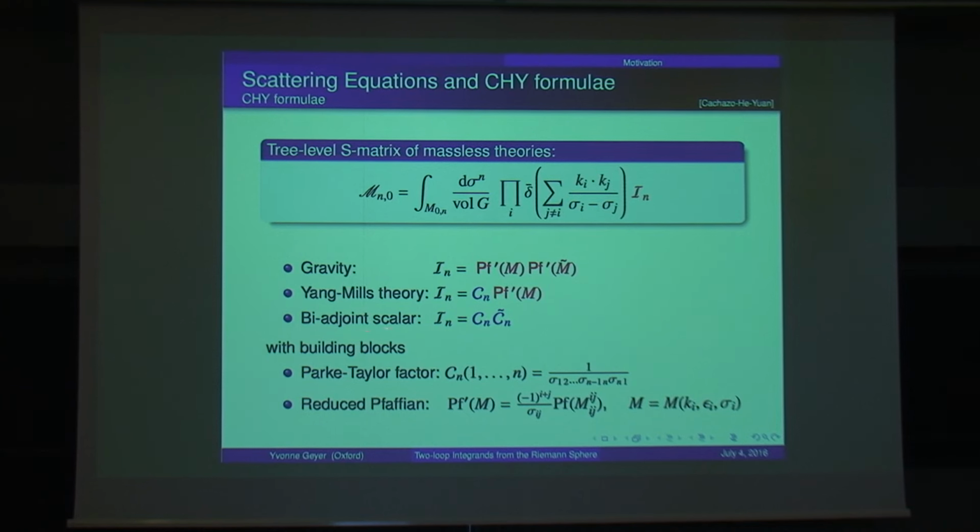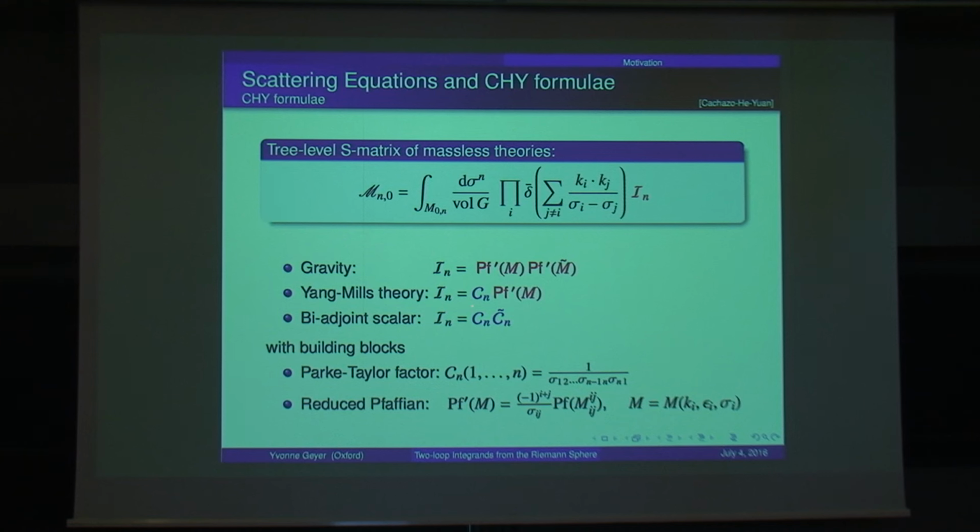I've included the Geyer scalar for completeness. I've tried to color-code a bit the color-kinematics duality. So you can see very nicely that for gravity, we take two copies of what you could call a spin 1 object, which basically, the only thing you need to know is that this is a completely well-defined matrix in terms of the momenta, the polarization data, and the marked points.